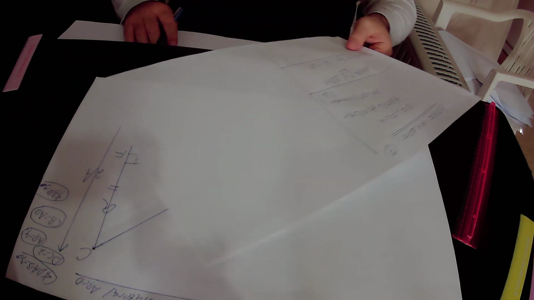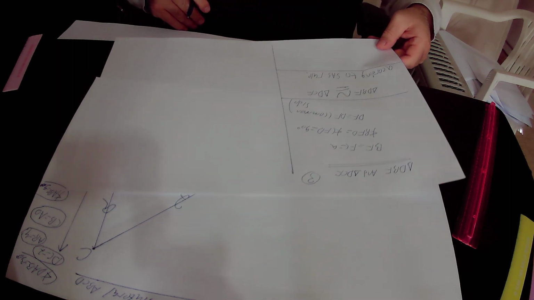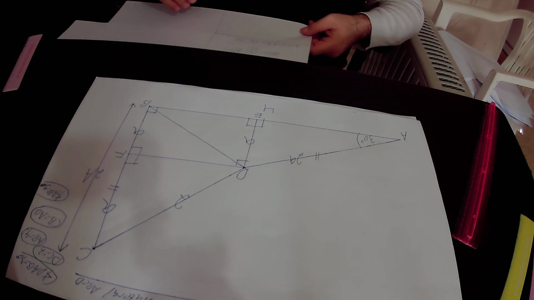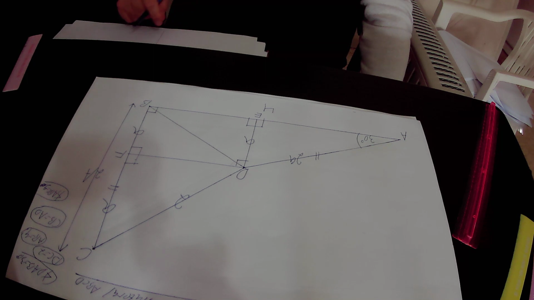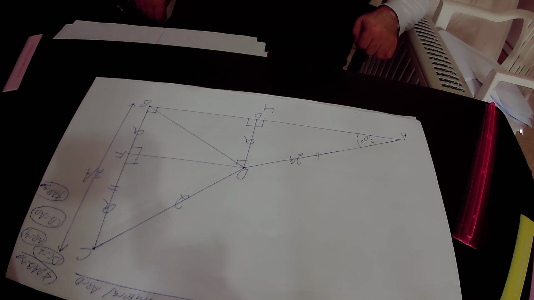So, what is the side angle side rule? If you prove that two sides and the angle located between those two sides in one triangle can go into two sides and the angle between them in another triangle, then those two triangles can go into each other according to the side angle side rule.